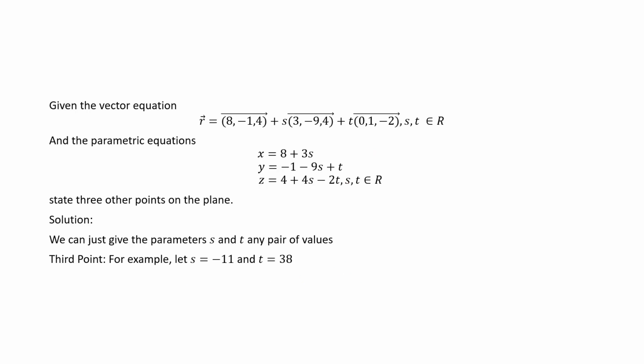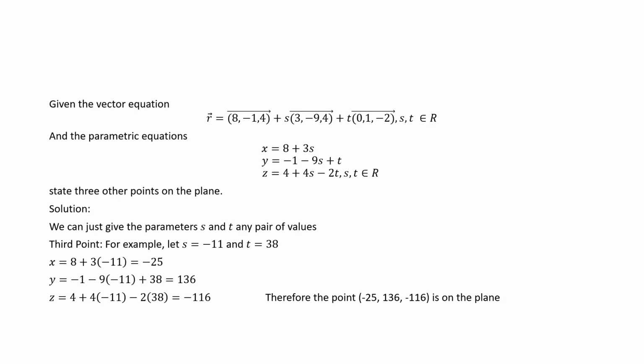And then finally, let's get crazy. We'll let s be -11 and t be 38. Then x being 8 plus 3s will be -25. y being -1 minus 9s plus t will be 136. And z being 4 plus 4s minus 2t will be -116. And we'll have a point on the plane shown there.